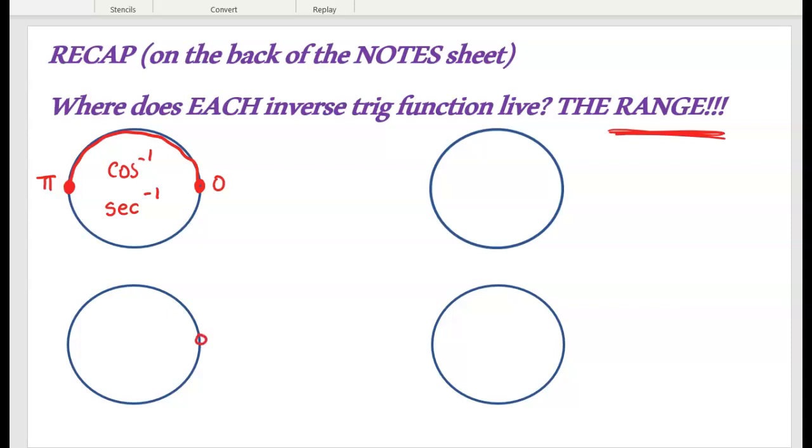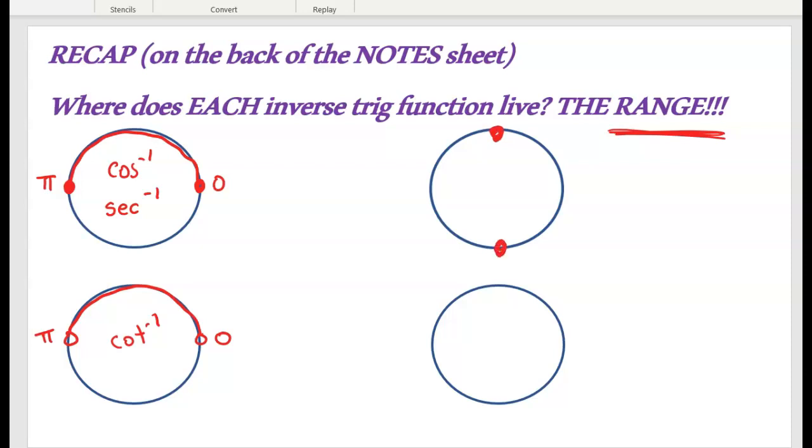Now, 0 and pi, not including 0 and pi, that's where cotangent inverse lives. Okay, so you can think of all three of these functions living between 0 and pi, but I do want to make the distinction that 0 is not in the range of cotangent inverse, neither is pi, but all the other angles are.